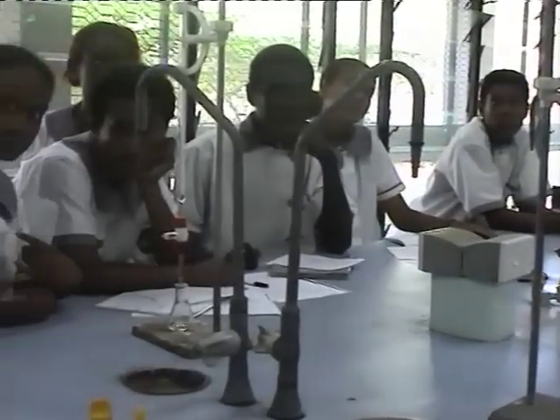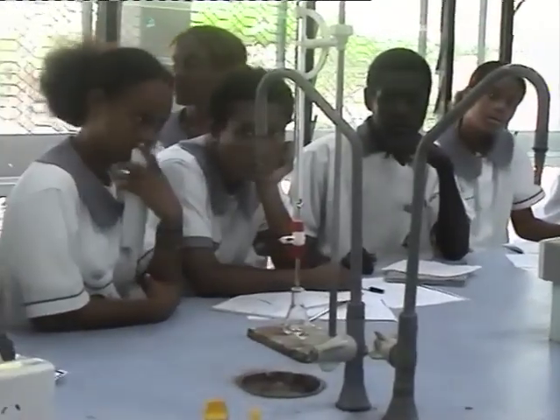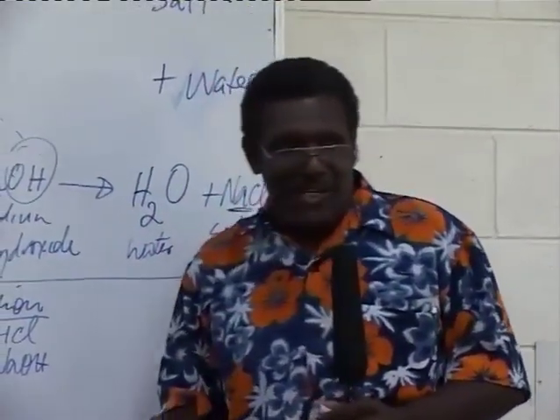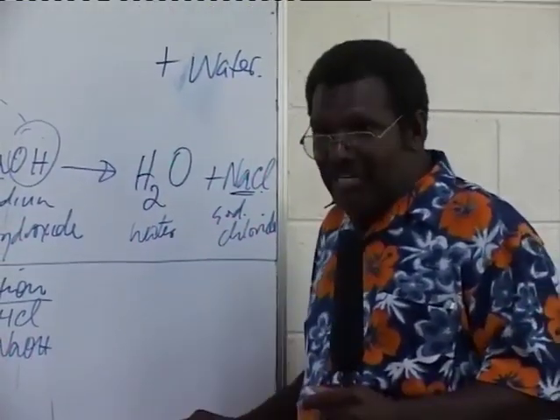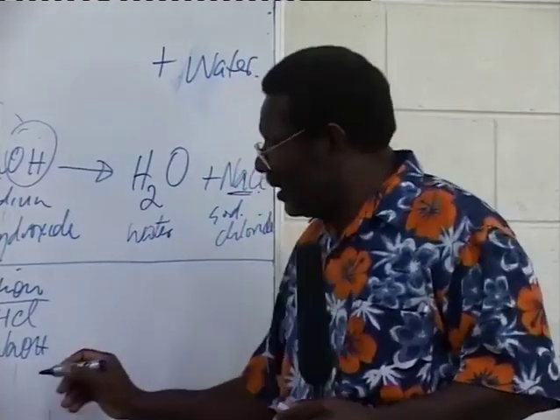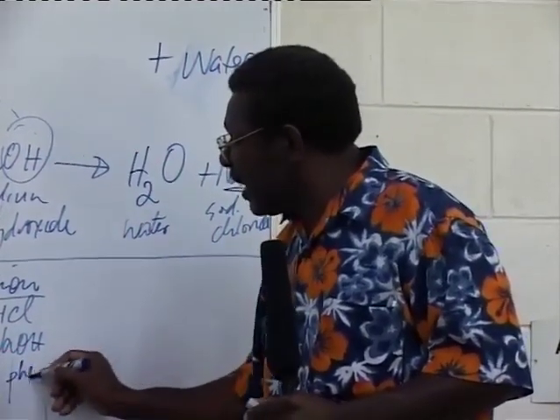So you'll need to put in something inside to indicate to you the point at which neutralization takes place. So you need an indicator in the flask. There are two kinds of indicators that you have there, but we're going to use phenolphthalein.